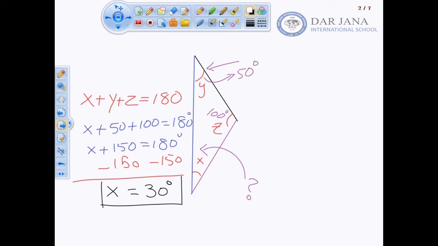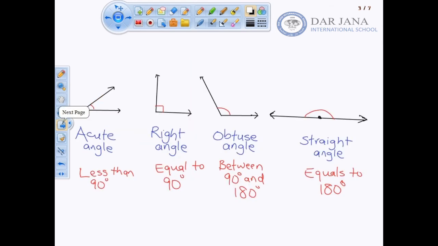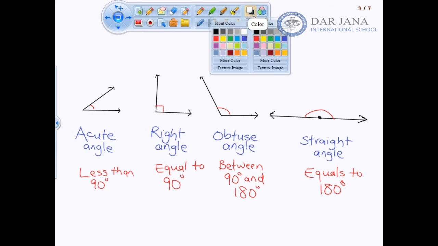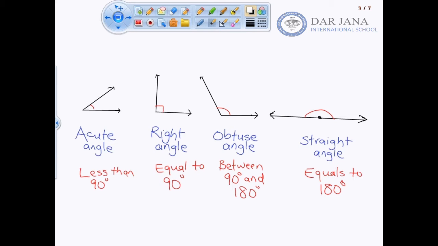Now we're going to go into looking at the different kinds of triangles. And here we are. An acute angle. This is an acute angle. What makes it an acute angle? This angle here is less than 90 degrees. A right angle, where this angle here is equal to 90 degrees.